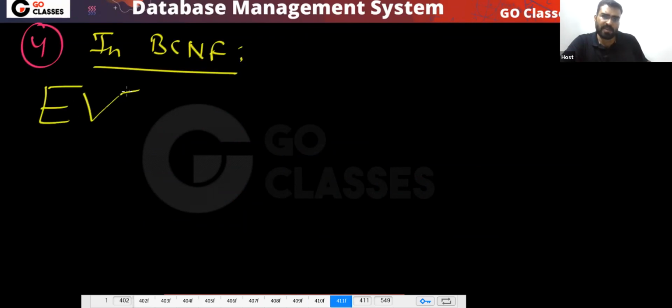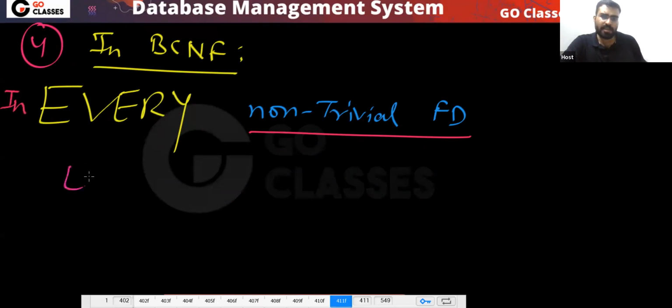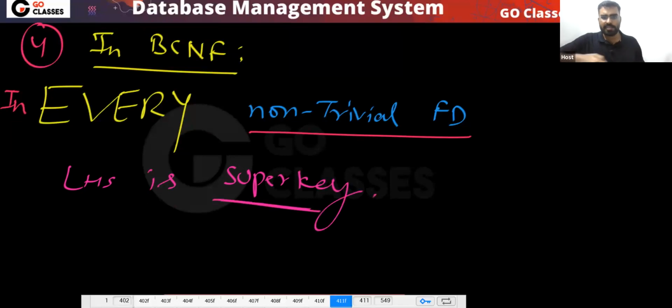Why is this not possible? Notice that in BCNF, very simple point, this is very important: if you take any non-trivial FD, the LHS is a super key.